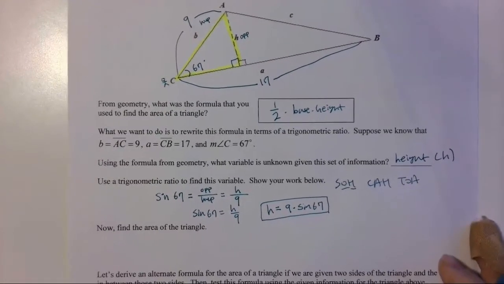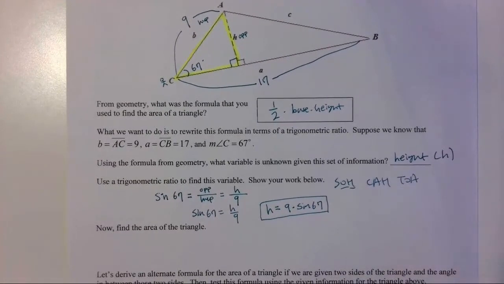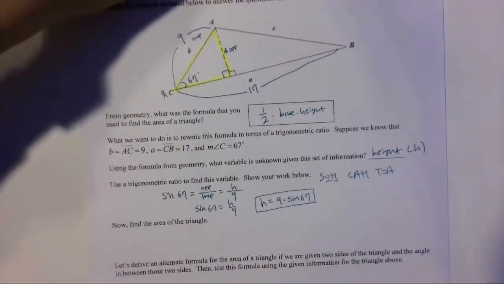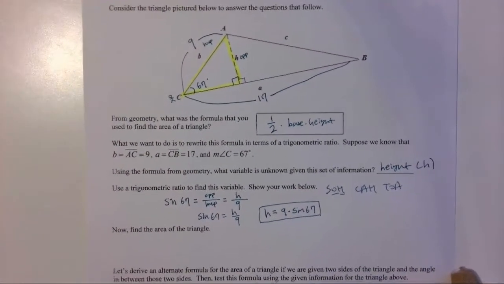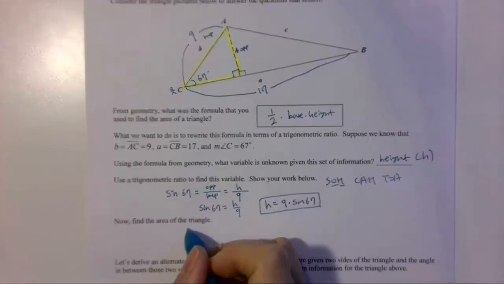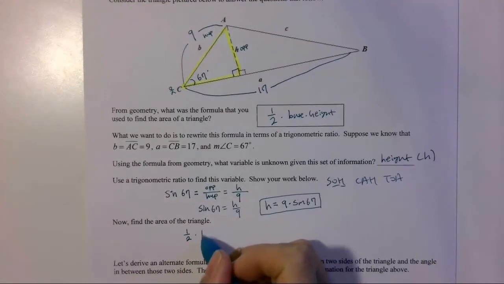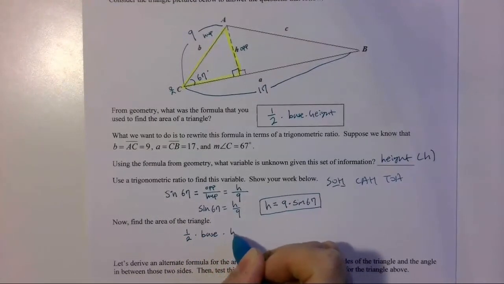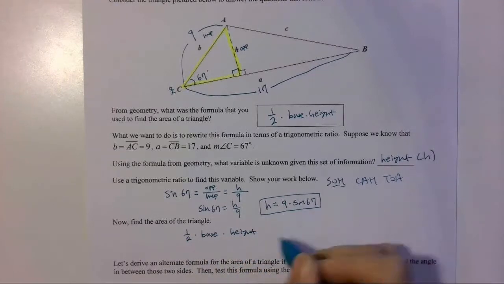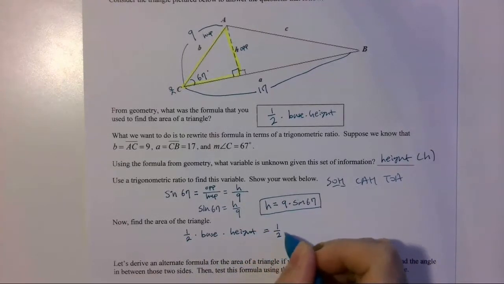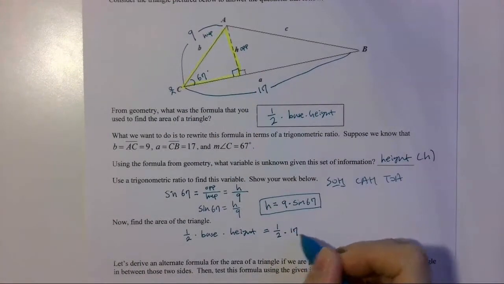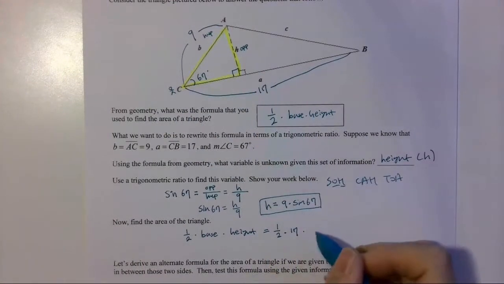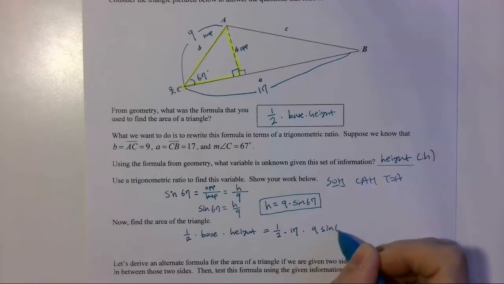Now let's go ahead and find the area of this triangle. The area is half times base times height, which is half times the base, 17, times the height, 9 times sine of 67.